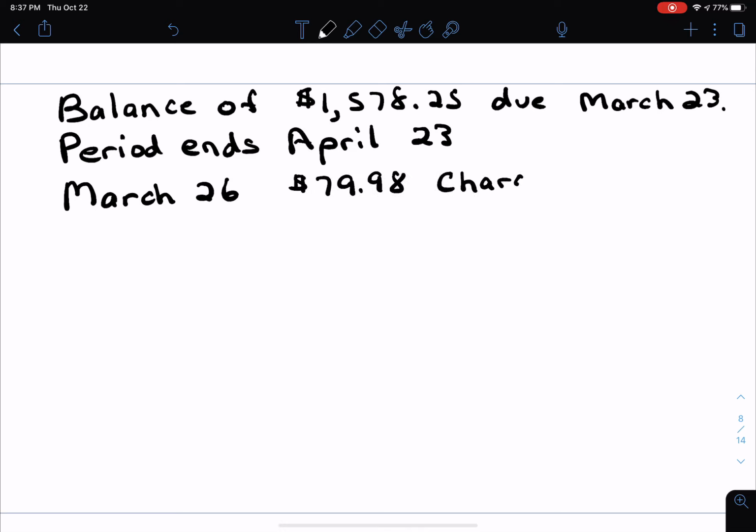So it's been 3 days from the balance due of March 23rd to March 26th. Then March 30th, so 4 days later, there is a charge of $52.76.